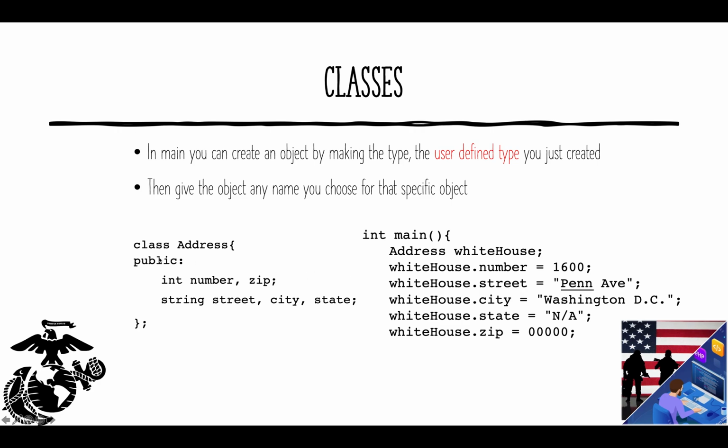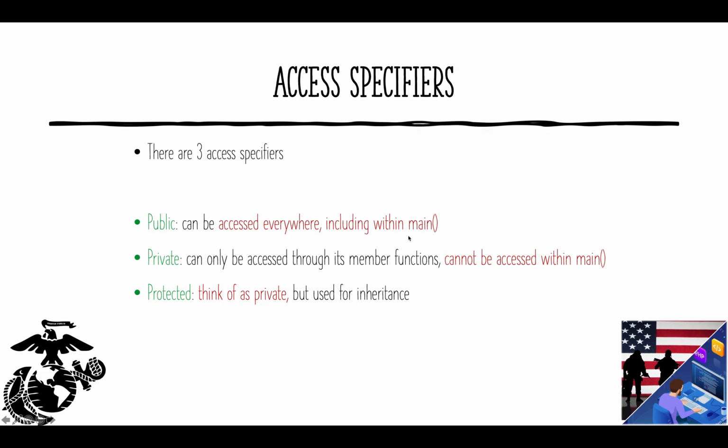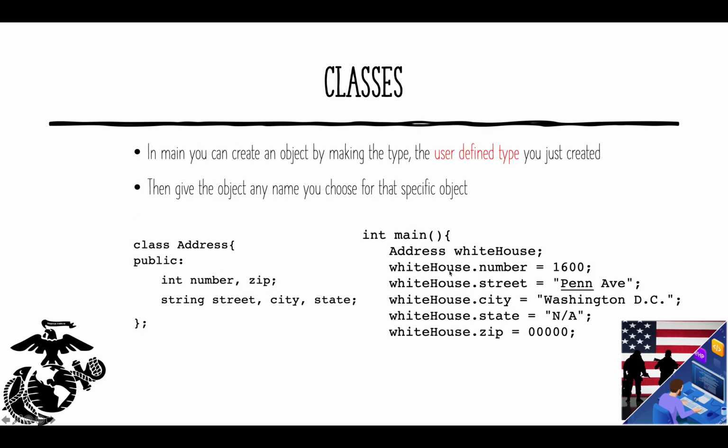Now, because all of these member variables are public, I can access all of them in main. So that's what we were talking about with these access specifiers. When it's public, it can be accessed within main. So within main, I'm able to access the whiteHouse number, the whiteHouse street, whiteHouse city, state, and zip.